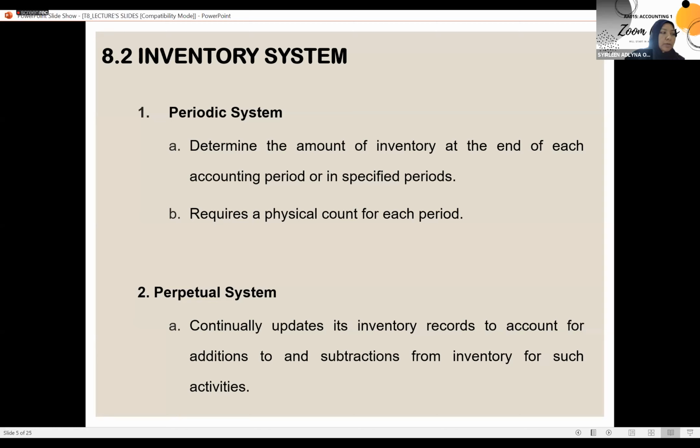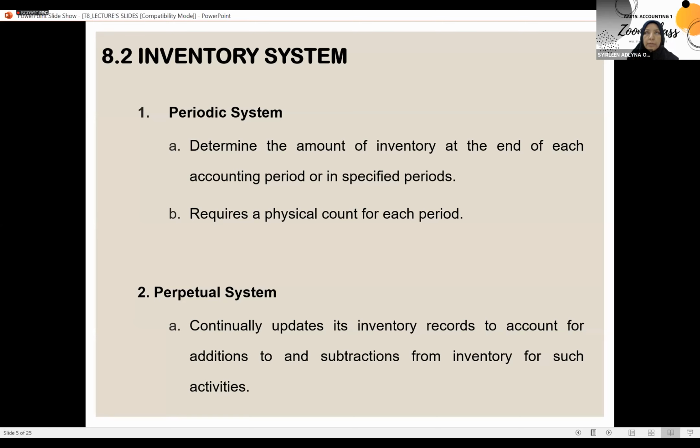So nanti bila awak dapat apa-apa soalan, you need to refer to the question given, sama ada inventory kita guna perpetual system atau periodic system. Sebab bila kita guna perpetual system, kita nak catat drawings atau purchase atau anything that is related to your inventory, cara dia tak sama dengan apa yang kita buat dalam periodic system.